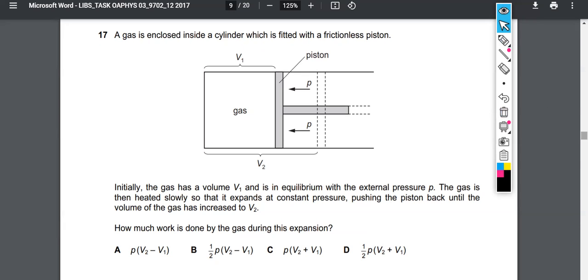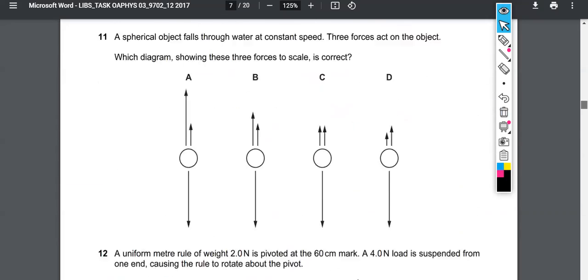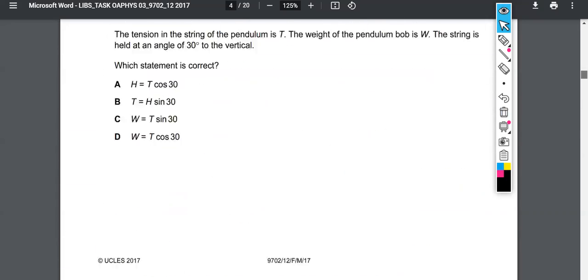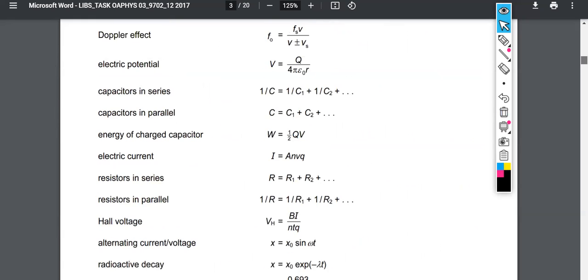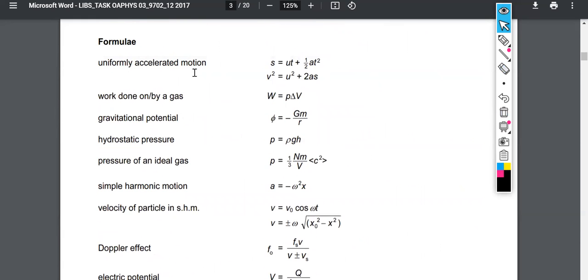For those students that are preparing for an exam for paper 1 towards the end of the year, or even paper 2, remember that you get a list of formulas. The second, or I guess the third equation, they give you 2 of the equations for uniformly accelerated motion. These are 2 of the big 4. And then they have work done on or by a gas.